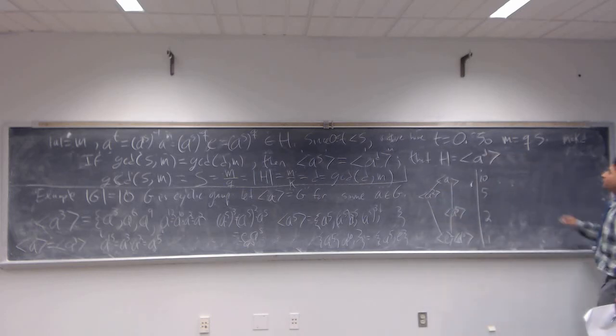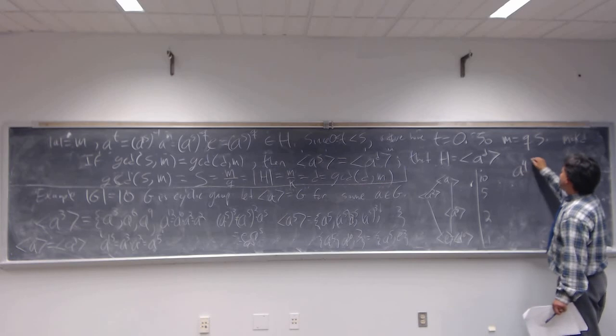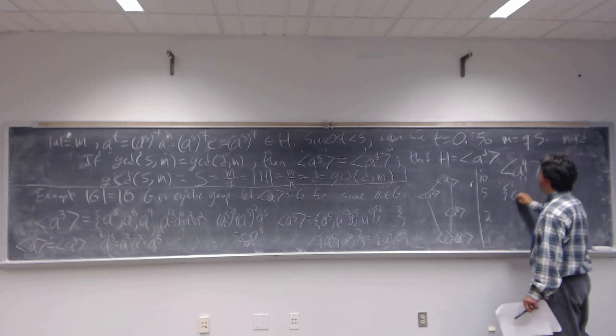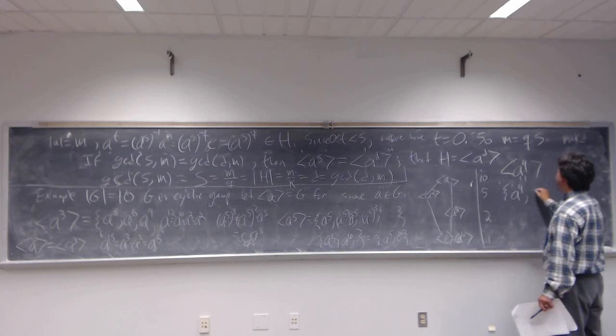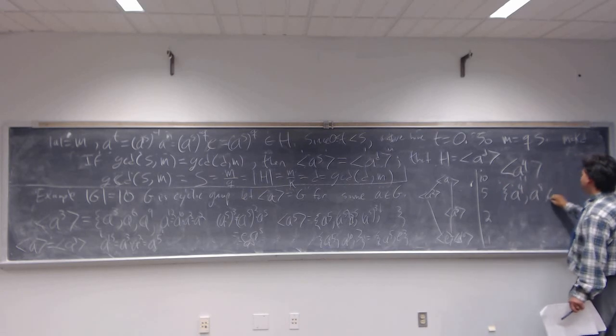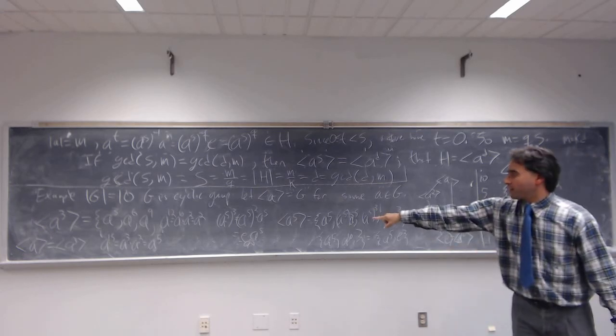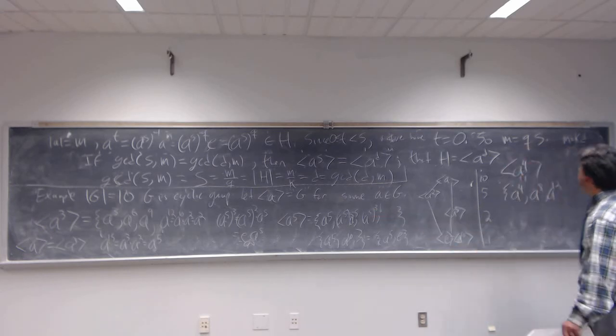Let's look at another example, A to the 4th. Say, wait a second, I don't see A to the 4th there. Where is that subgroup? Well, what's in A to the 4th? Well, A to the 4th, A to the 8th, A to the 12th, so I can slide over to that board or point to that board. A to the 12th is just A squared.